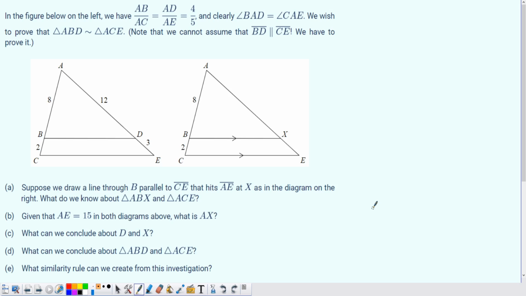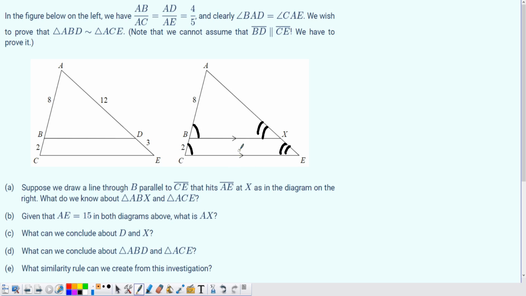Part A asks us, what do we know about the two triangles ABX, ACE? Well, since it's referring to ABX, the one with the parallel lines, this should just be automatic, but we have angles that are the same. BXA and CEA are both corresponding. ABX and ACE are also corresponding angles.